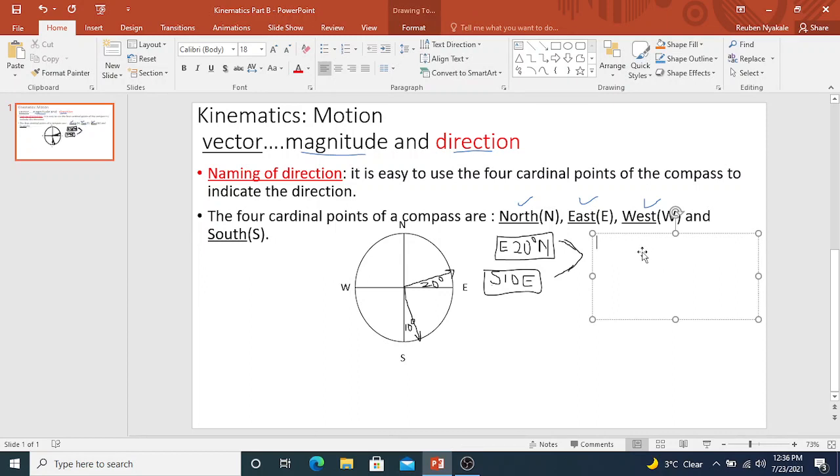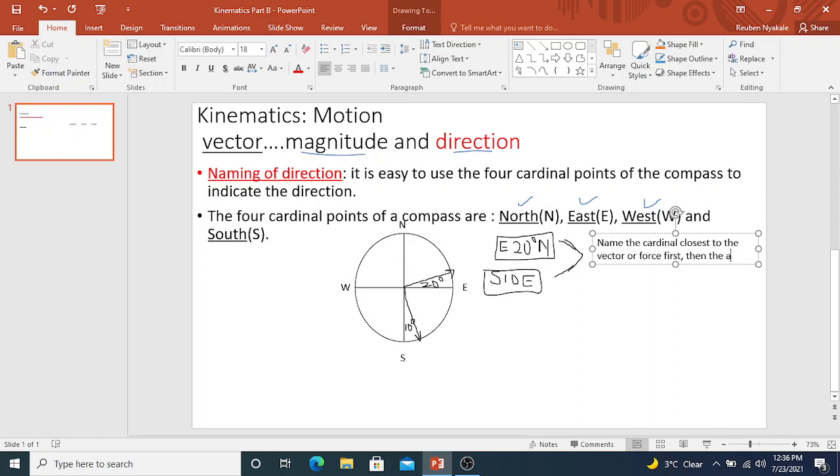Right. Name the cardinal closest to the vector, closest to the force vector or force first.